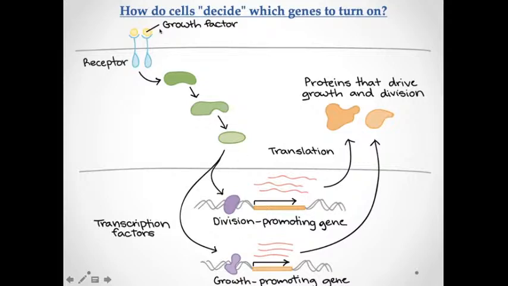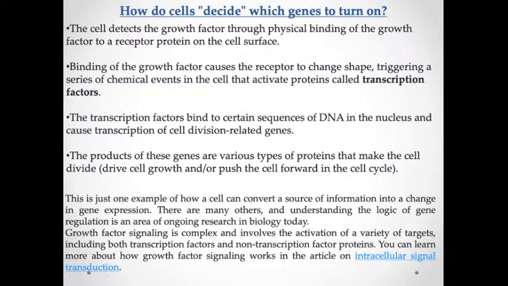From the receptor accepting the growth factor, transcription factors are activated, and then translation is done, leading to production of proteins through which growth and division take place. The cell detects the growth factors through physical binding of the growth factors to the receptors on the cell surface.